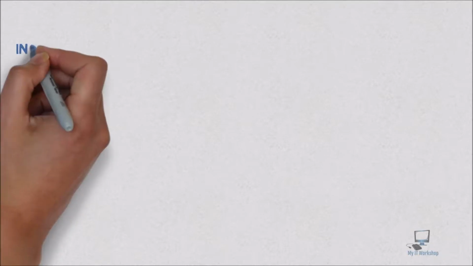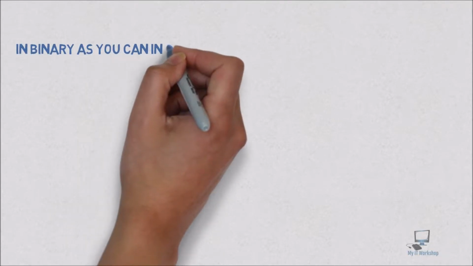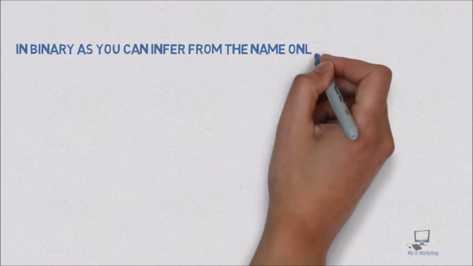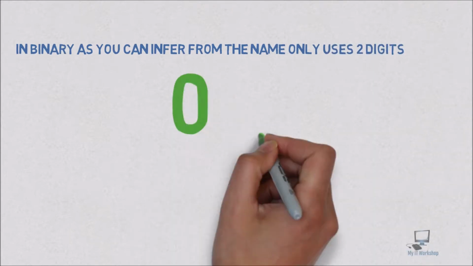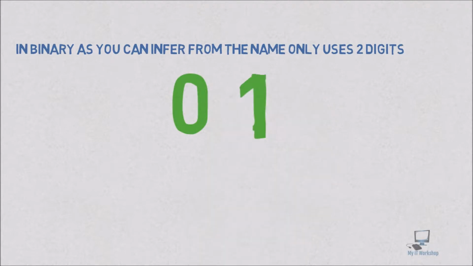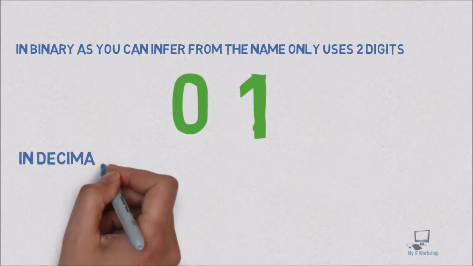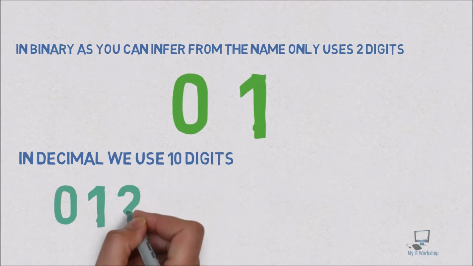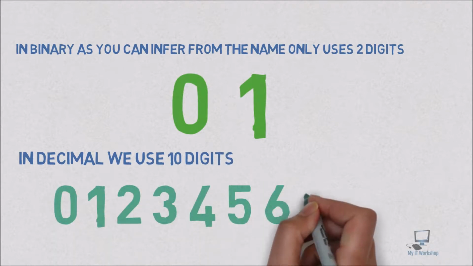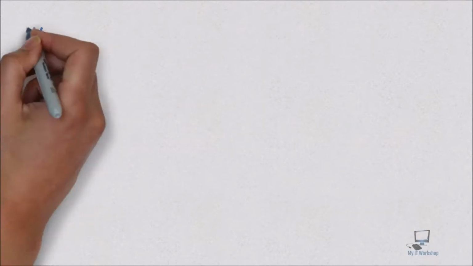Okay, in binary, as you can imagine from the name, we only use two digits, zeros and ones, or 0 and 1. In contrast, in decimal, we use 10 digits, as you know, from 0 to 9. With these numbers, we can create any amount that we know.